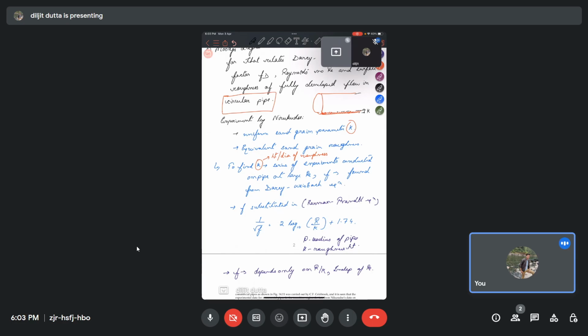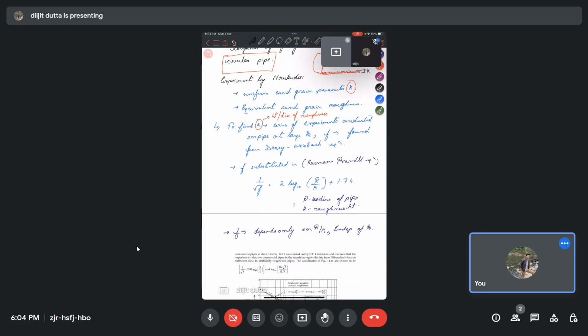The friction factor f was found from the Darcy-Weisbach equation, that is, hf equals f L V squared by 2 g D. The friction factor obtained was substituted in the Karman-Prandtl equation, and the following empirical relation was obtained: 1 by root f equals 2 log of r by k plus 1.74.